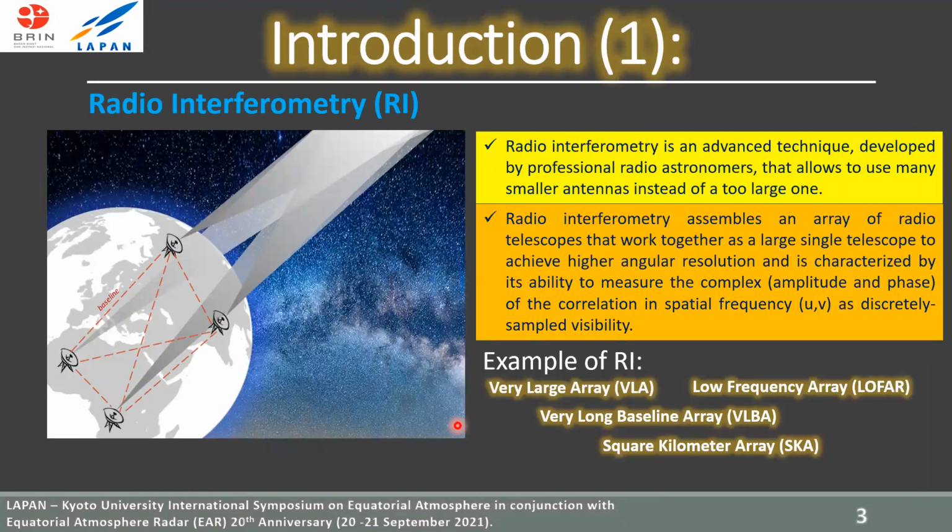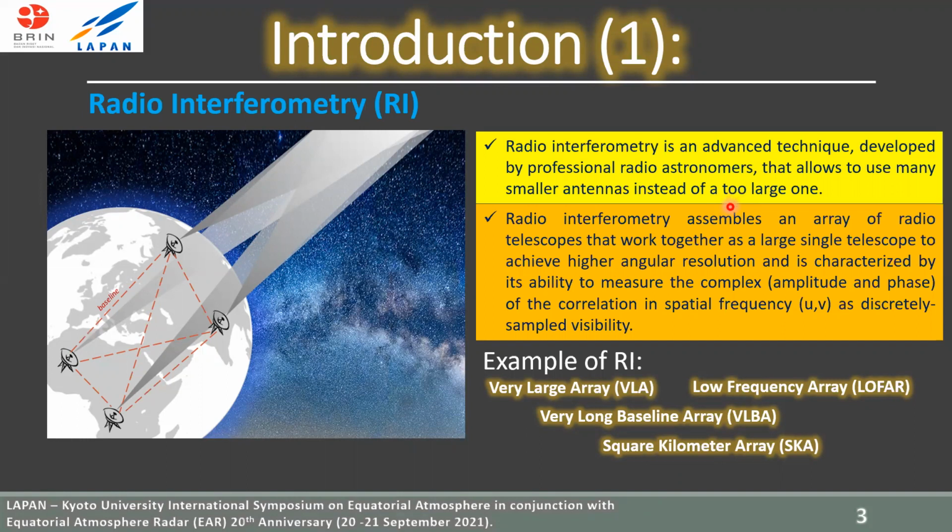Okay, for the introduction, we already know about radio interferometry. Radio interferometry is an advanced technique developed by professional radio astronomers that allows using many small antennas instead of one large one.